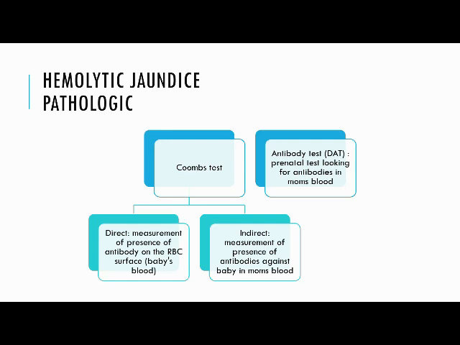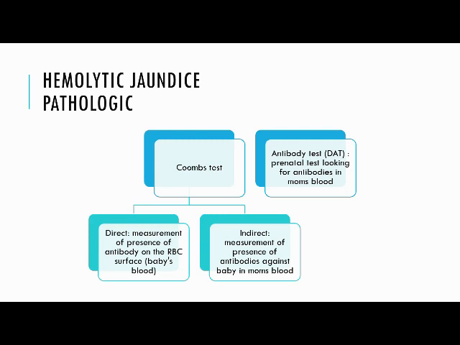Remember that antibodies are proteins made by the immune system. Everybody does this, thank goodness, naturally. Normally, antibodies bind to foreign substances such as bacteria and viruses and cause them to be destroyed. But in this case, the antibodies are formed by mom against the baby's blood type and are transported across the placenta because they're IgG and she can give them to the baby.